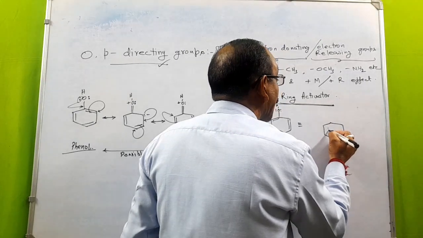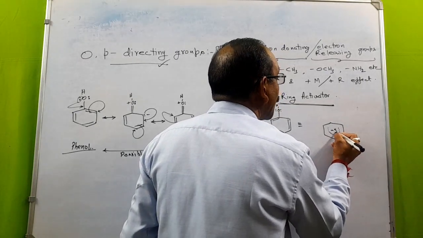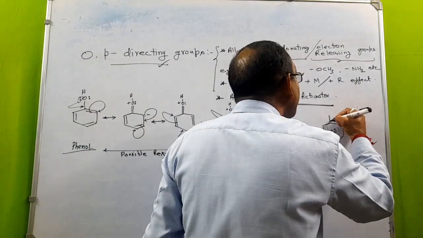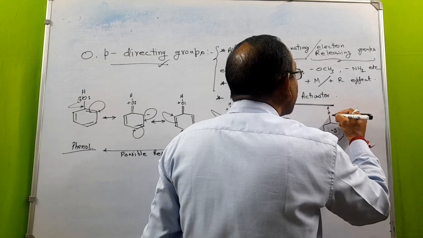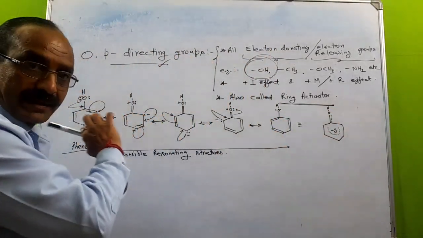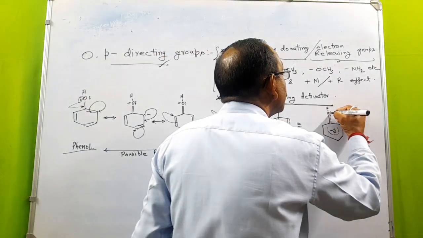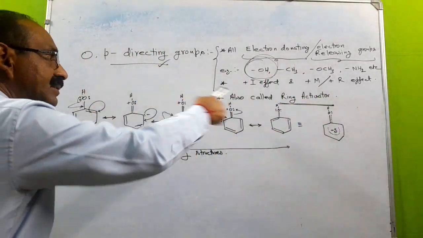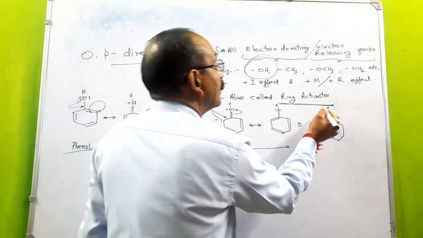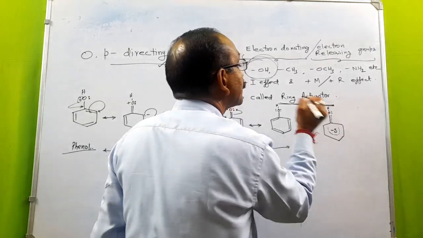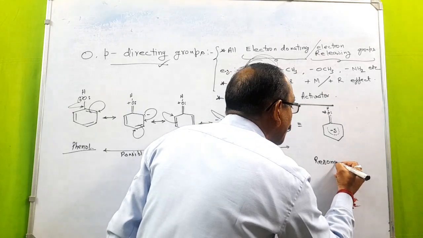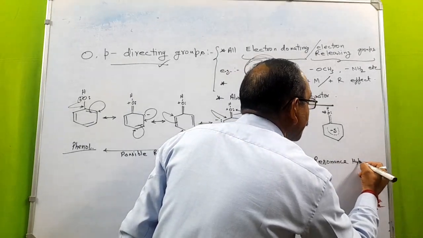Here, in the actual structure, the negative charge rotates over the ring, and in between the ring and OH group, this carbon-oxygen bond bears a partial double bond character. And at the oxygen, if you analyze these possible resonating structures, you will find that this phenolic oxygen bears a positive charge. So, this will have a partial positive charge. This one is its actual structure, or you may call it a resonance hybrid.